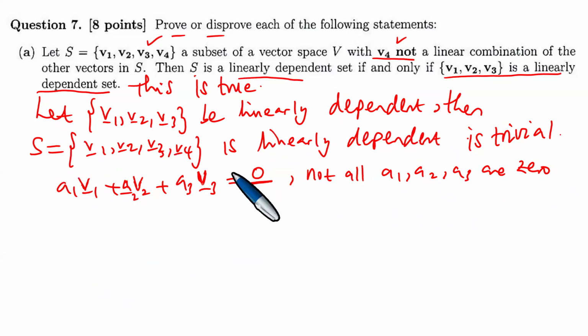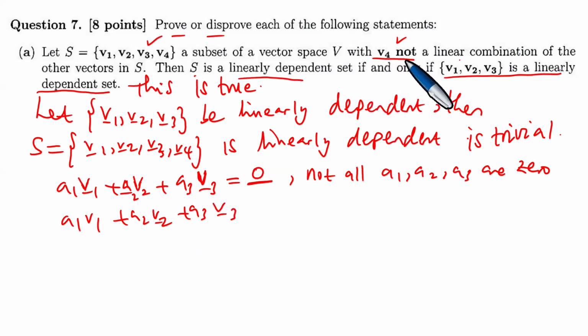Then now, you include the fourth vector. So you can then say there is A1 V1, A2 V2, A3 V3, but you're told that V4 is not a linear combination of the other vectors in S. So even if these are not all 0, you can add A4 V4.